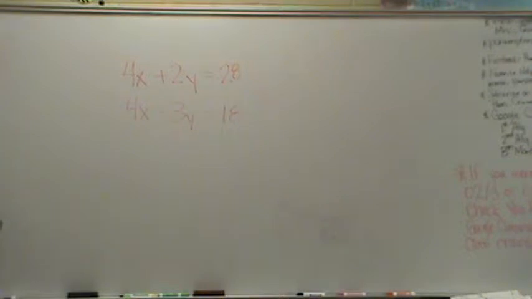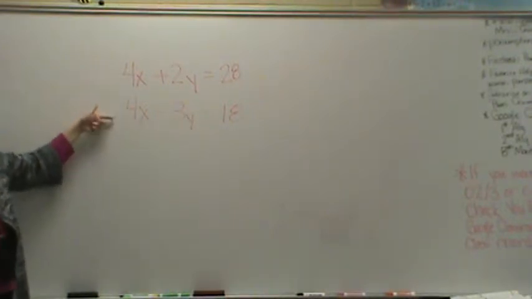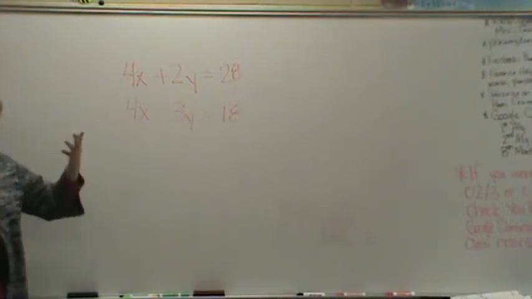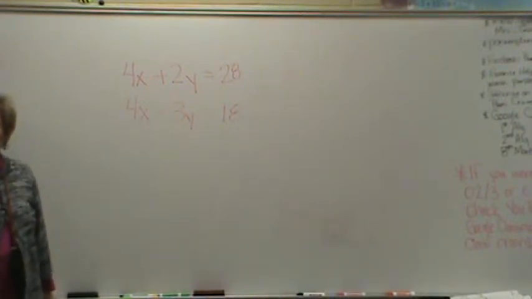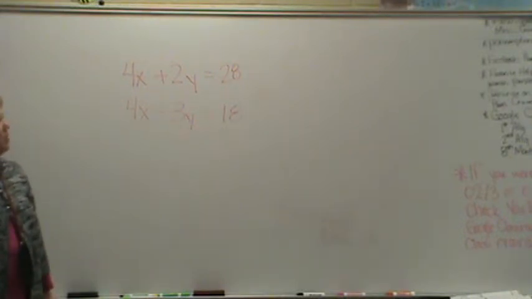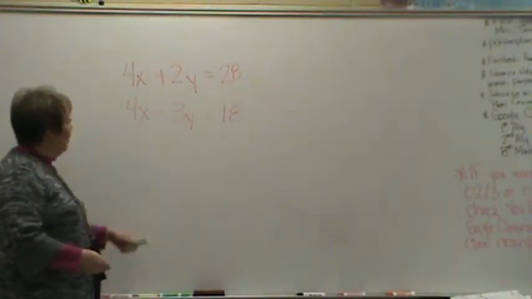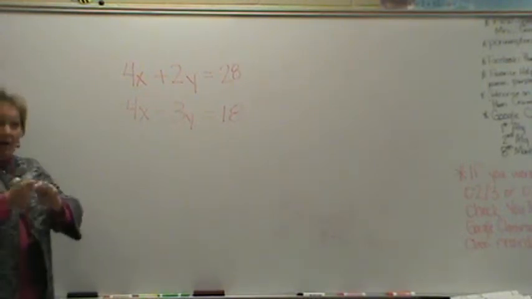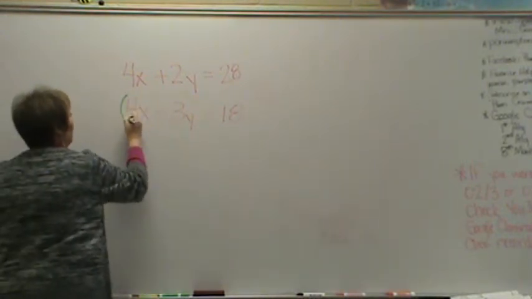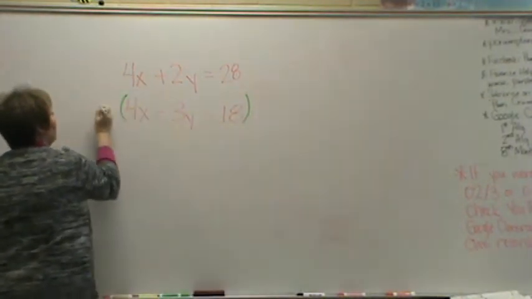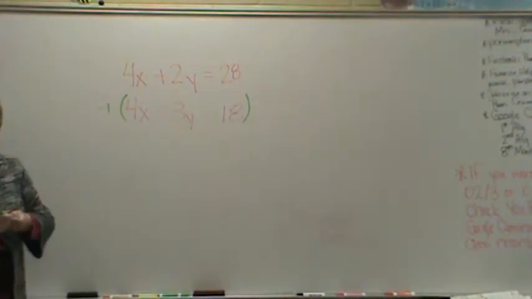We don't have any exact opposites. Is there a way I can make exact opposites? Yes. Make one of the 4x's negative. Is there a number I can multiply one of these equations by that would give me a negative? Negative 1. All right, let's multiply the bottom one by negative 1 and see what happens.